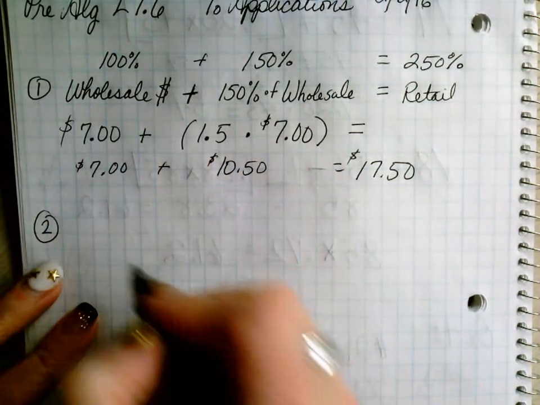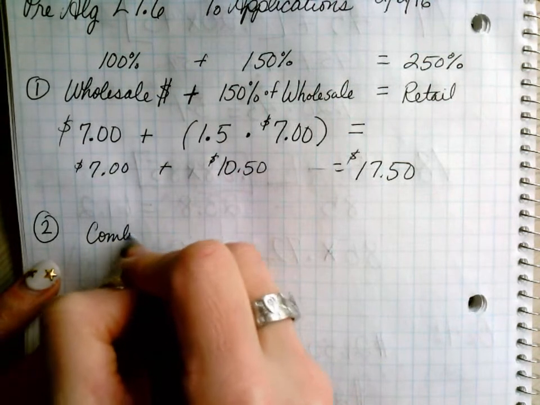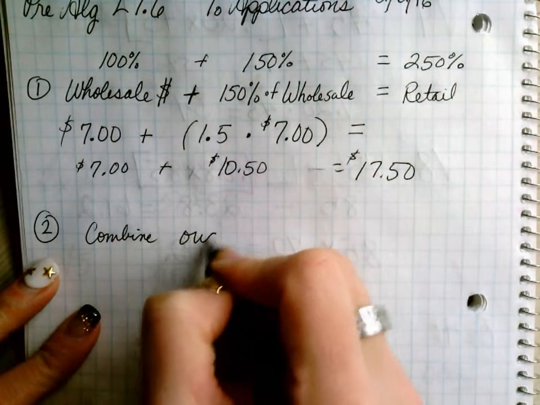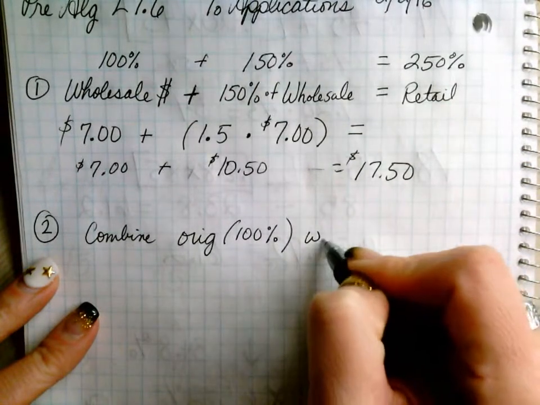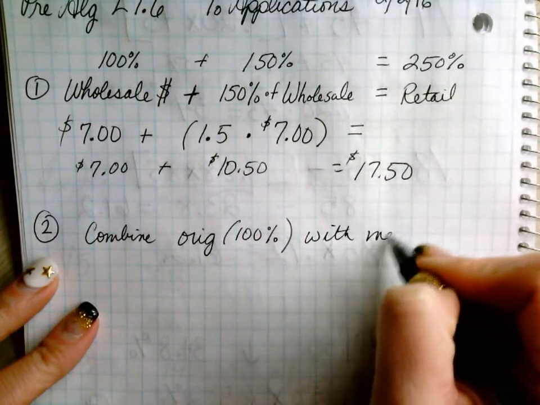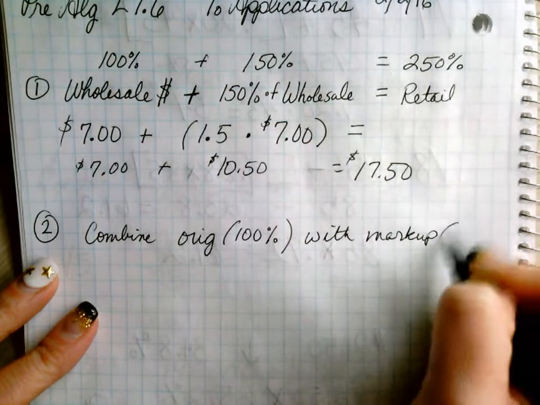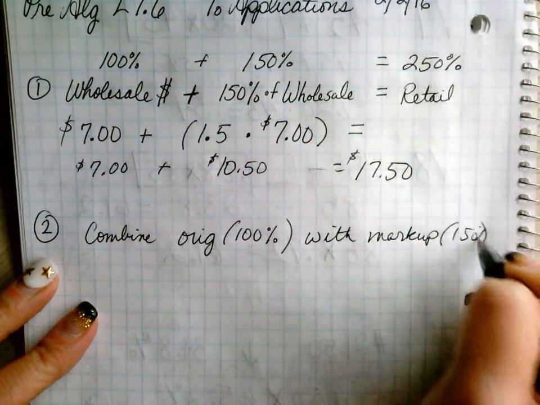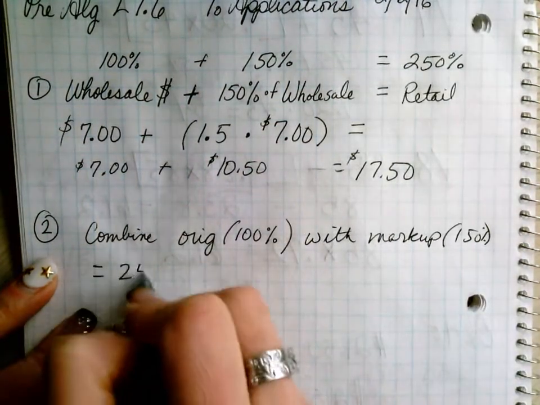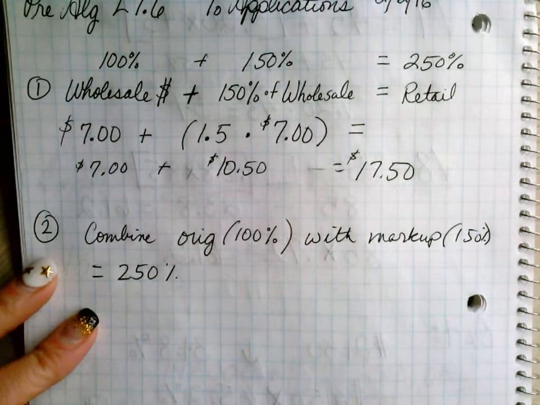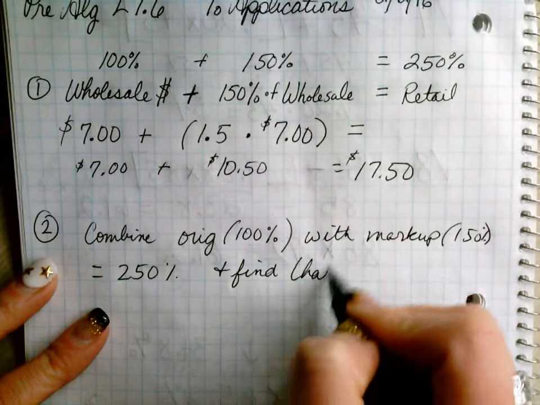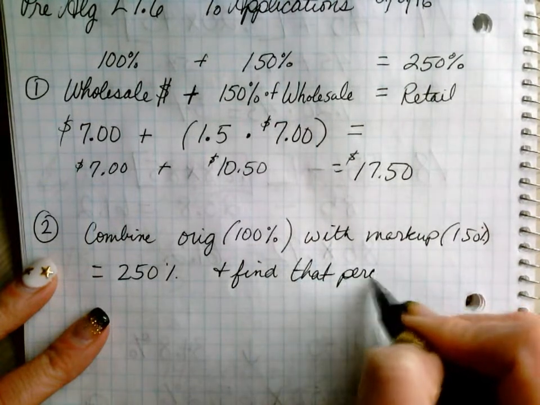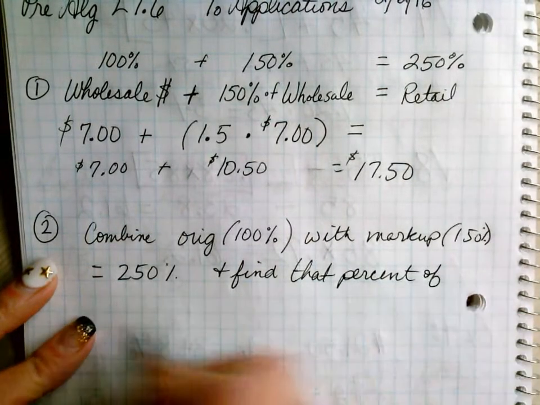Method 2 is to combine original, which is 100%, with the markup. In this case, it's 150. So we ended up with 250. And find that percent of original.